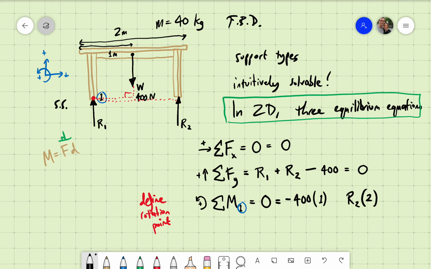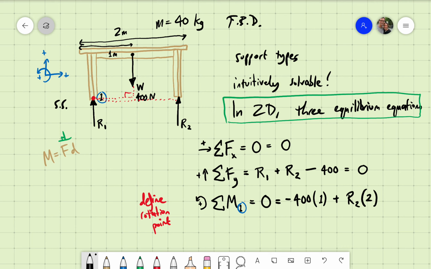And this one is trying to swing that away around the red point. That's a positive moment. So we are going to make sure that one is positive. And that's it. Only those two forces are creating moments around that point, because R1 is shooting straight through that point.